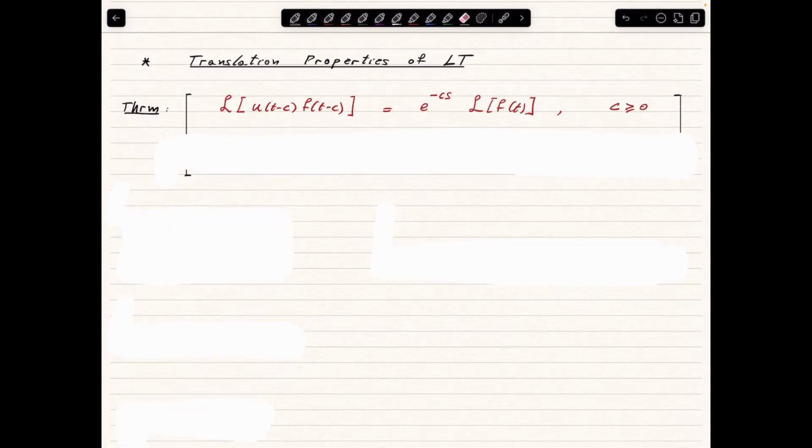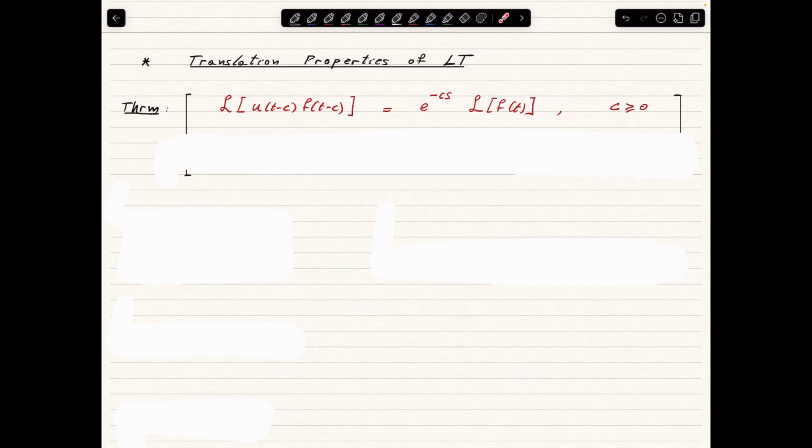This is the first translation property that says that whenever you have a function f of t and you shift the function to the right by c and also multiply that function by a step function also shifted to the right, the Laplace transform of all that is related to the Laplace transform of the original function without the shift, and the relation is that you need to multiply this Laplace transform by an exponential that contains the shift c, exponential negative cs. This is for c positive or 0.